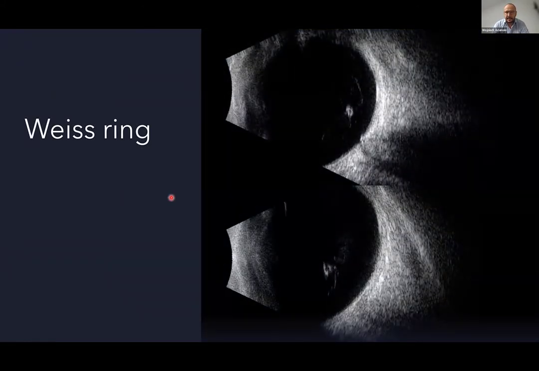And as Dr. Dmitriew has said, we now have very modern, high-resolution imaging systems using ultrasound, which can really show us those floaters in good quality and very nice resolution.